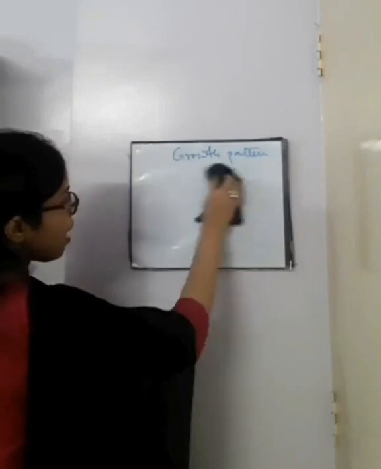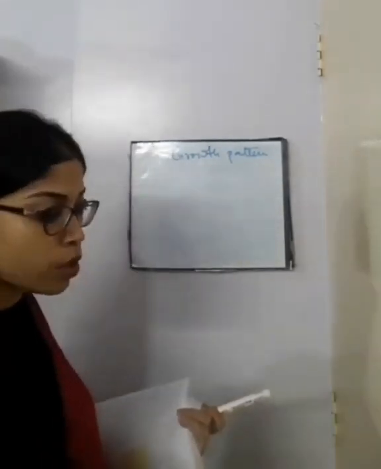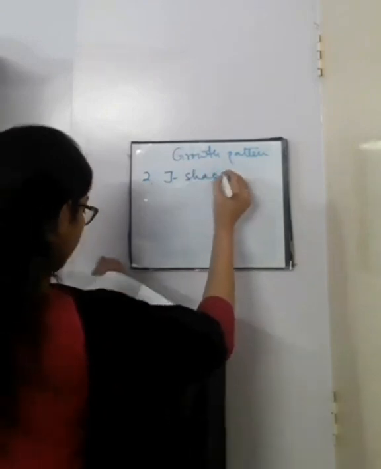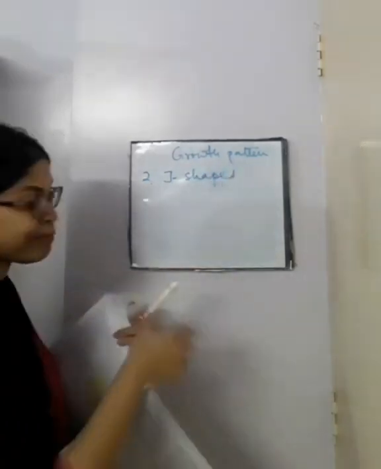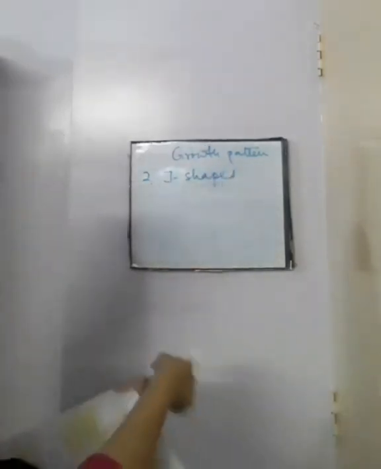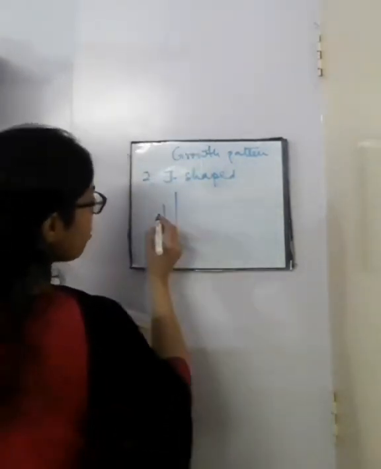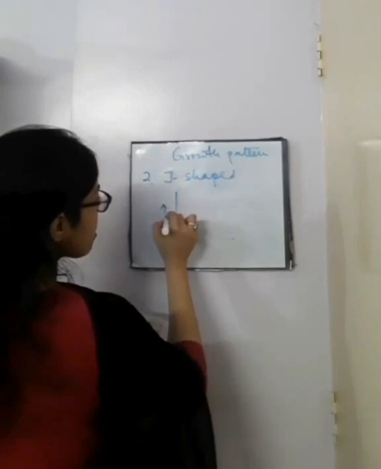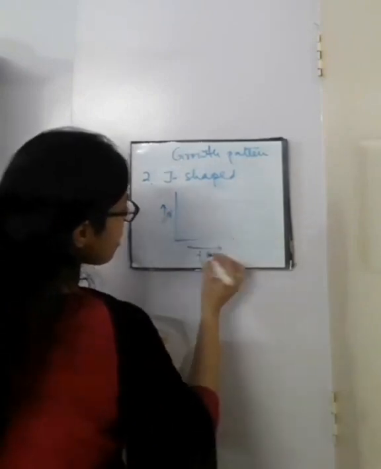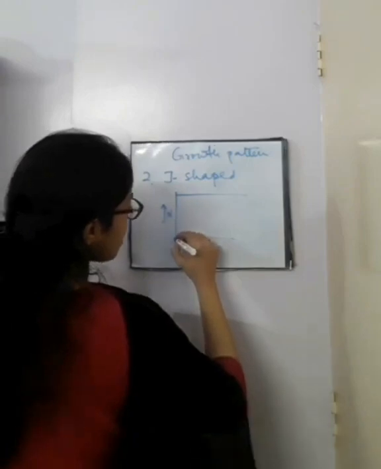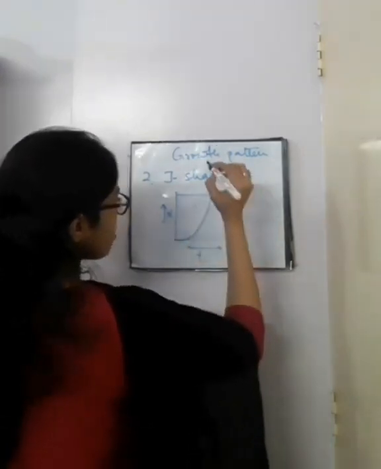growth pattern that we have, the J-shaped growth curve. In this J-shaped curve, again here it is population and here it is time. Again there is the carrying capacity, and this curve looks like this.